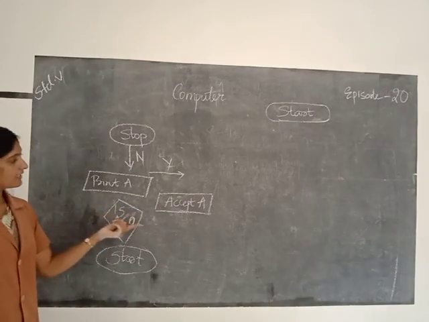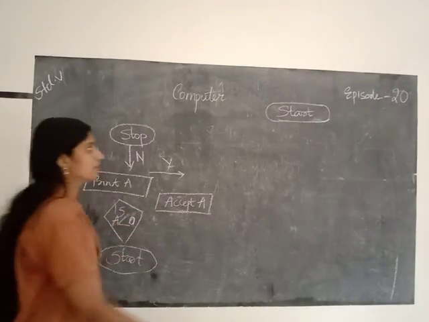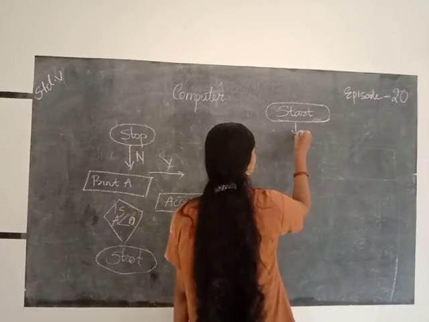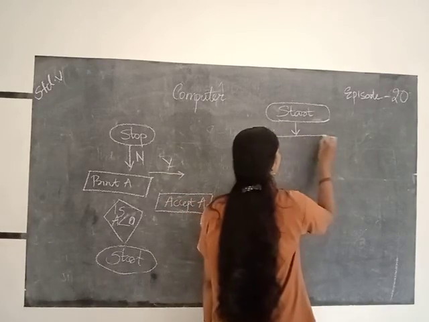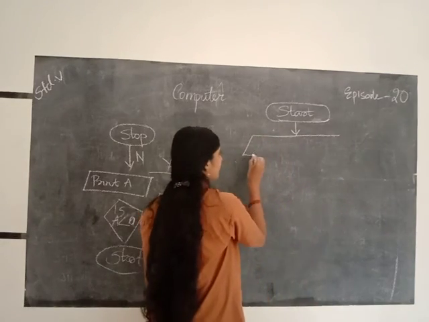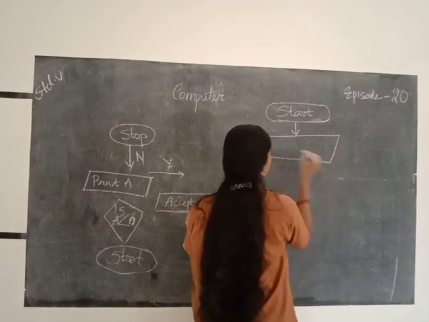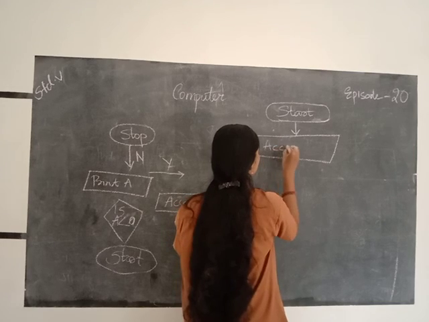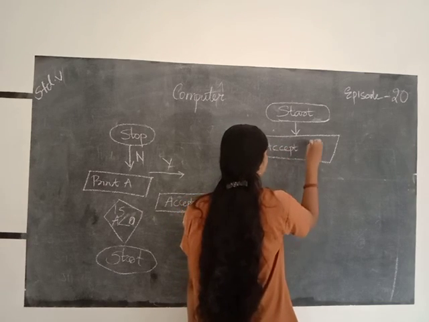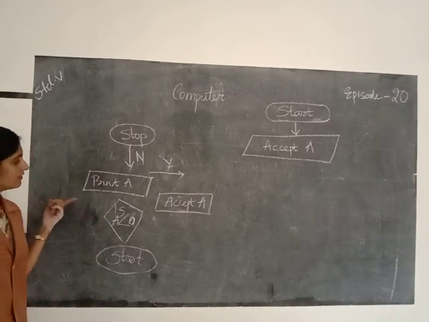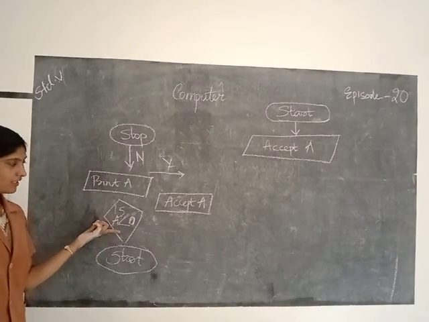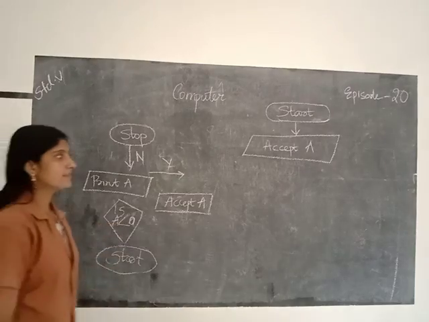So here accepting the number A. So we need a flow line and then accept A. Then next is check the condition, is A less than 0.